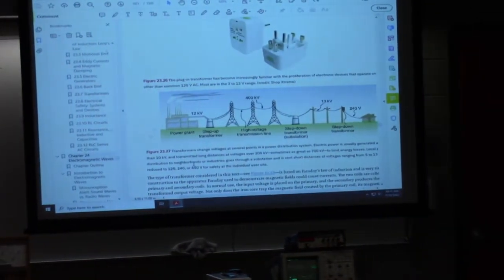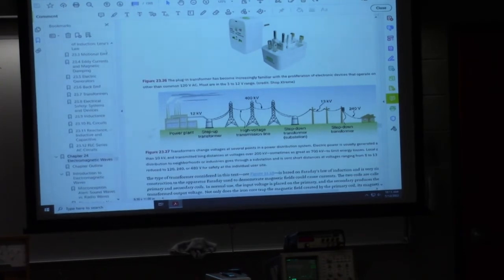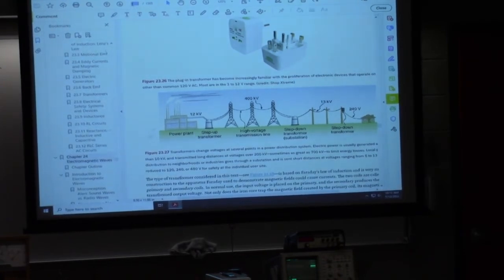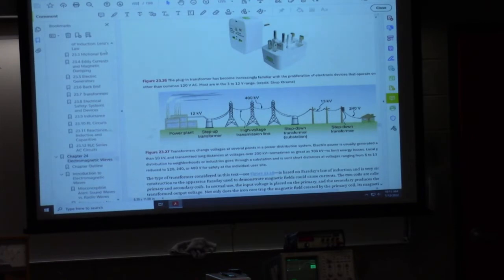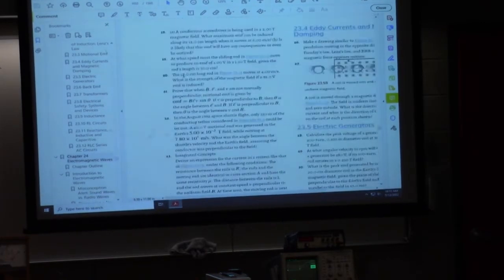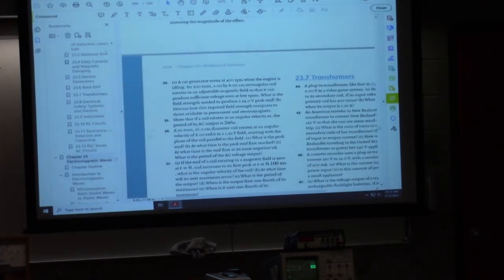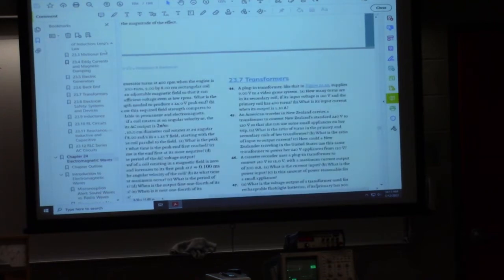So 44 says, a plug-in transformer like the one shown in the picture supplies 9 volts to a video game system. How many turns are in the secondary coil if the input is 120 volts and the primary has 400?